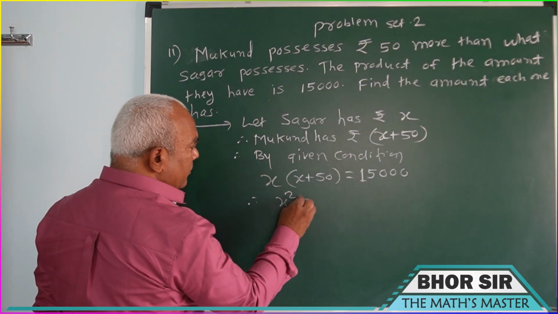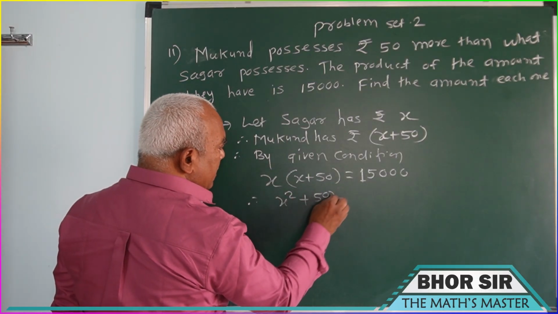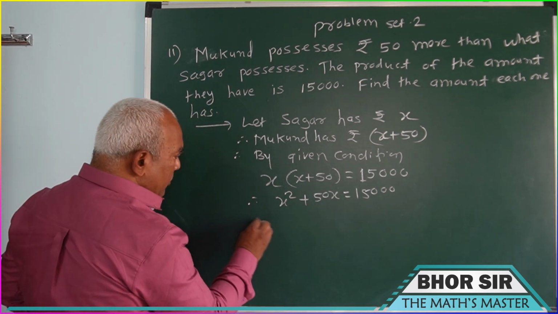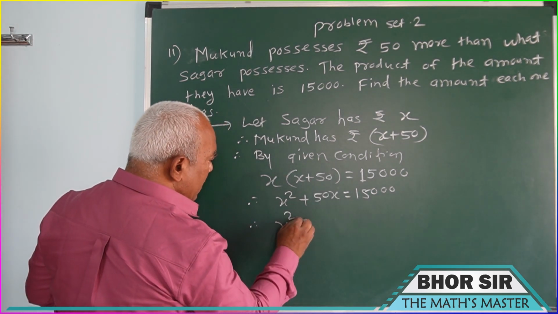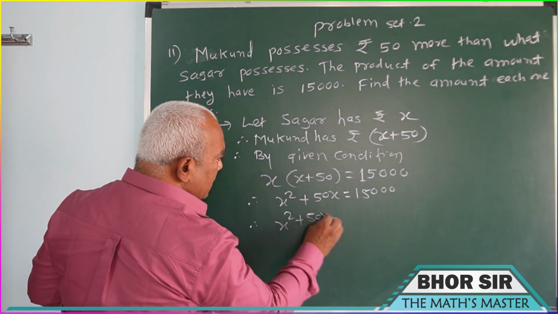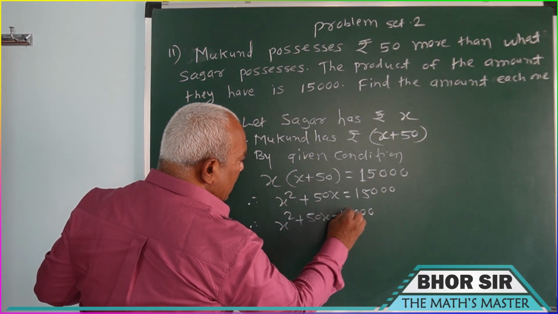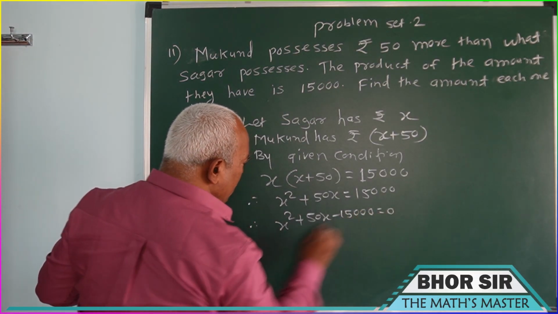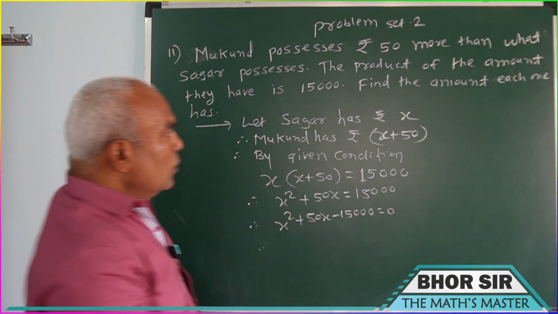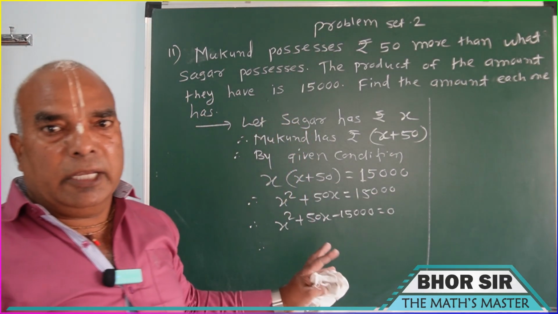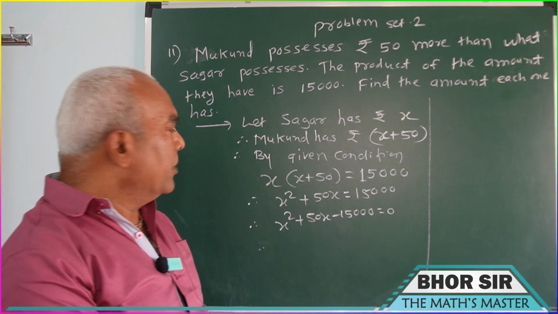Therefore, X square plus 50X is equal to 15,000. Therefore, X square plus 50X minus 15,000 is equal to 0.